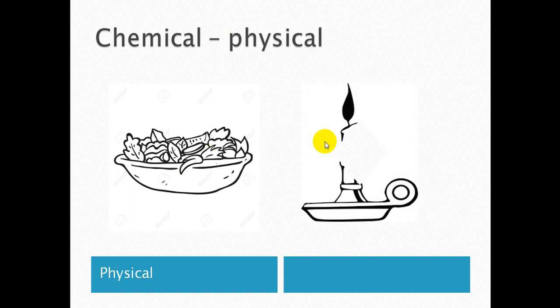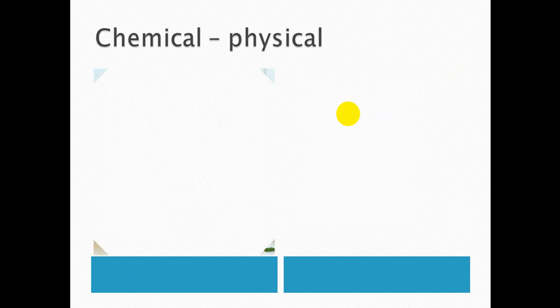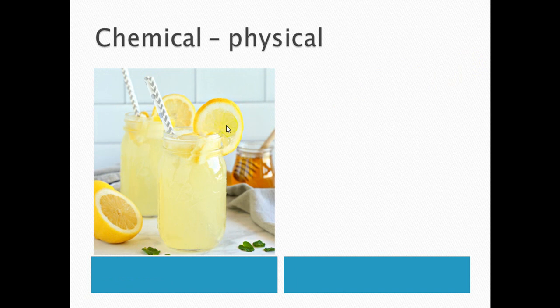The second one, here, the string in this candle, this burned part up. Chemical or physical? Of course it is chemical. Another one, the juice. Physical or chemical? Of course it is physical. It's a solution, and mixtures and solutions are physical changes.